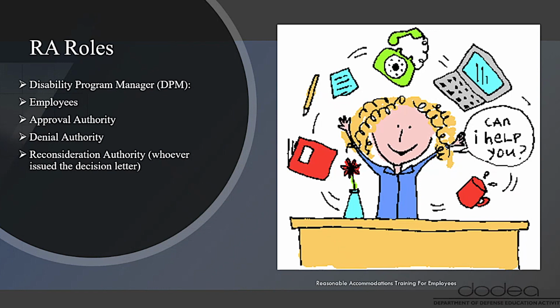You are not going to get a written response by the end of that interactive process meeting in 99.9% of the cases, right? Our goal always is to get a written response to you, which will be issued on behalf of your approval authority by the disability program manager, right?